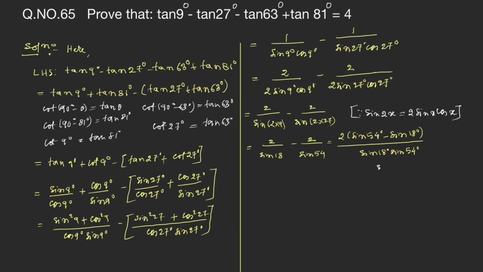Now we know that sin x minus sin y, we are able to write as 2 cos (x plus y) by 2 sin (x minus y) by 2.